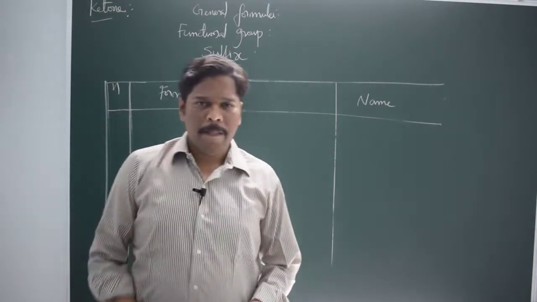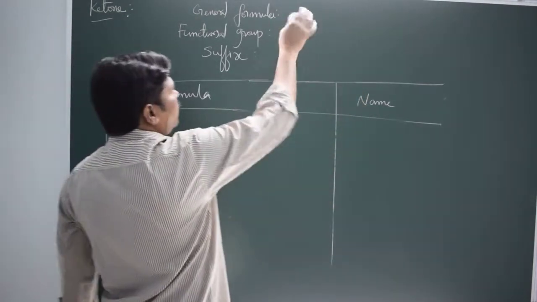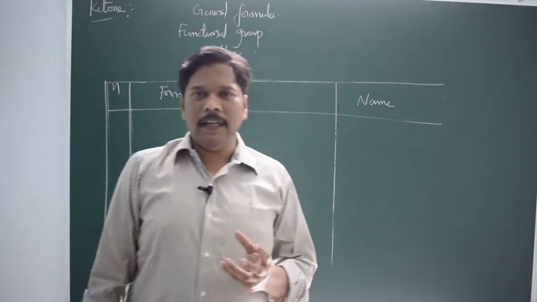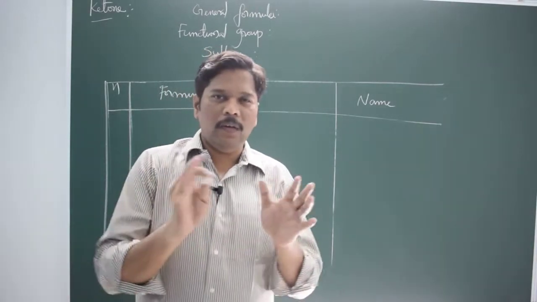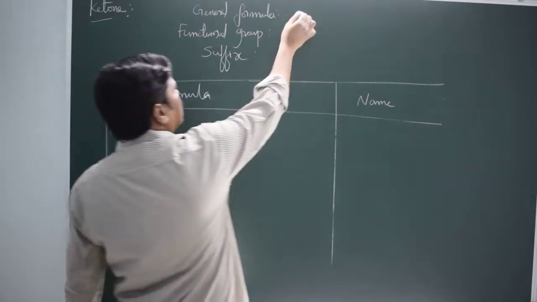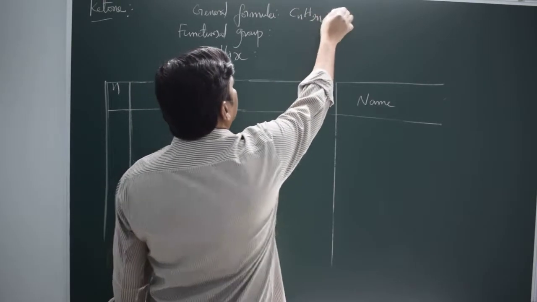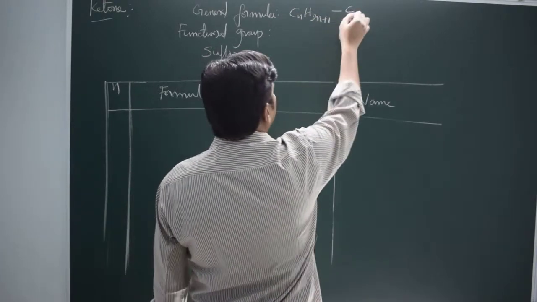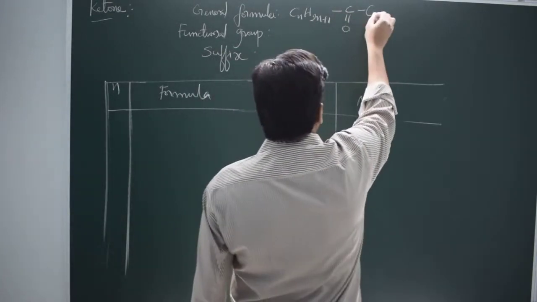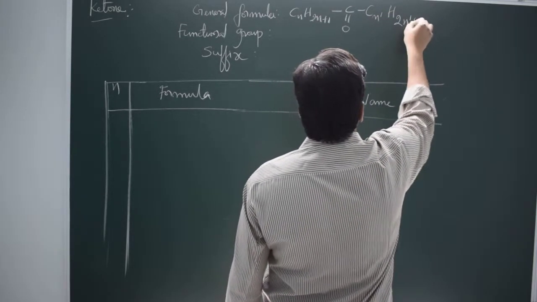Now the ketone. You have 2 alkyl groups on both sides, and it is the middle one, non-terminating. It will be in between 2 alkyl groups. So I am going to write this as CnH2n+1, then the ketone group C double bond O, then another alkyl group, Cn'H2n'+1.